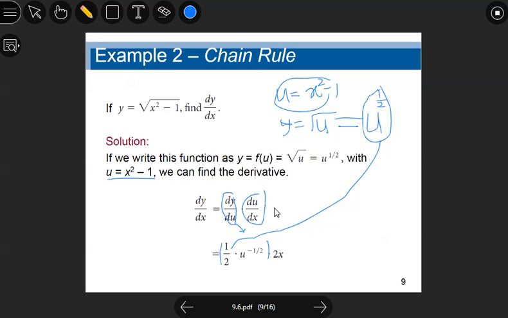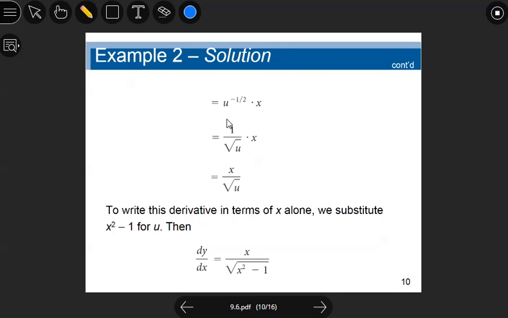Then you need to take du/dx. So this is your u, then if you differentiate this one with respect to x, this becomes 2 times x. Then substitute for u. After simplifying and substituting, you can find this term. So this is the final derivative.